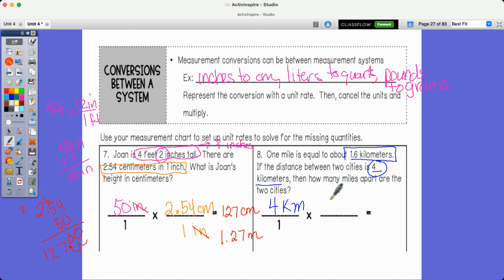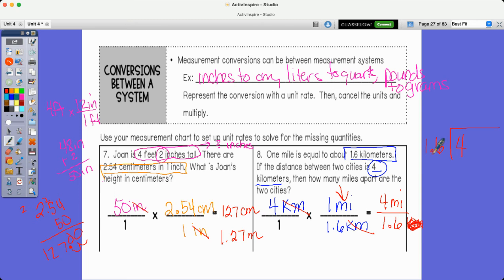So I have my 1 mile up here and my 1.6 kilometers down here. Why did I put that at the bottom and not the top? Well, because I need to get rid of the kilometers. I want my answer in miles. So miles has to be in the numerator. So I multiply across and I get 4 miles per 1.6 kilometers. Oh, sorry, no, kilometers on the bottom. I have to divide to find my answer.